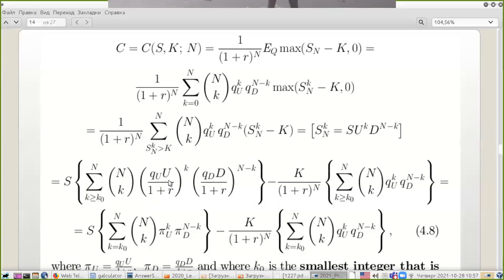Q_U multiplied by U to the power K and D to the power n minus K. And that's all.